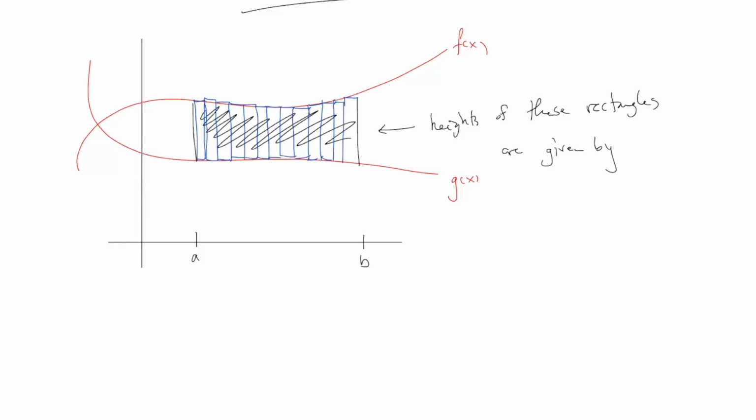Well, the height of each rectangle is from up here down to here. If you want to know what that y value is, you would just do the top one minus the bottom one, right? That would be the vertical distance between those two curves. So the heights of these rectangles are always given by f of x minus g of x, where in this case, f is the one on top.